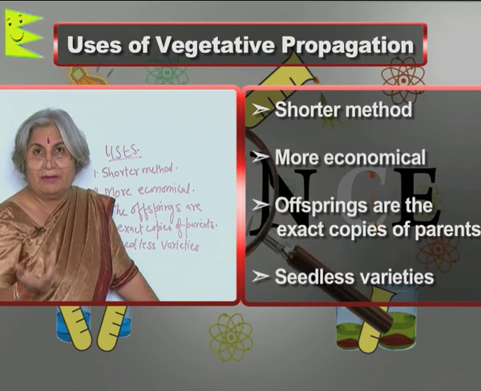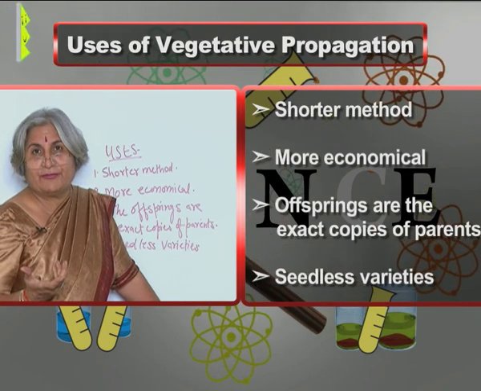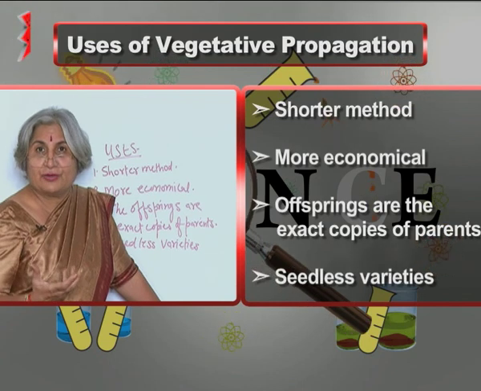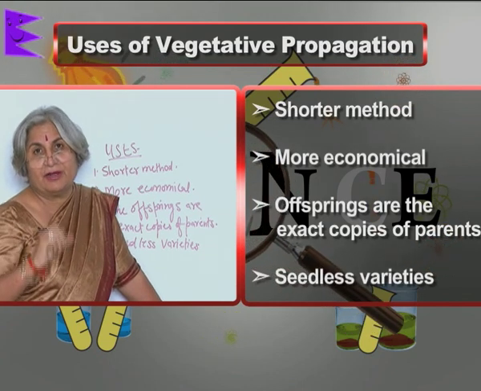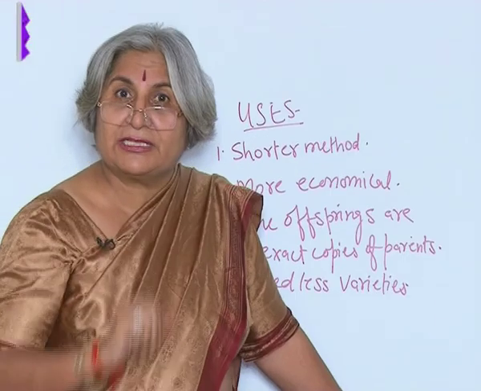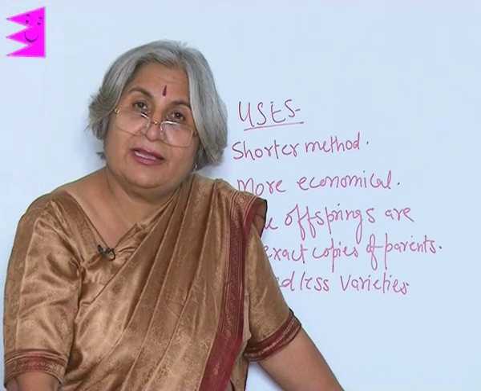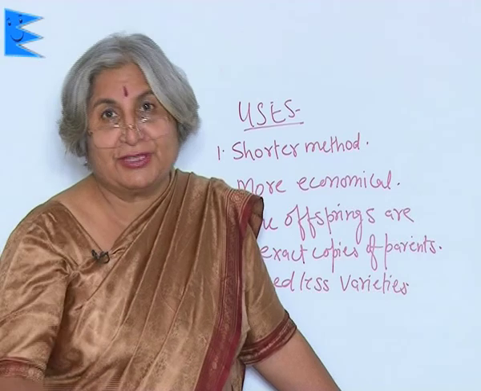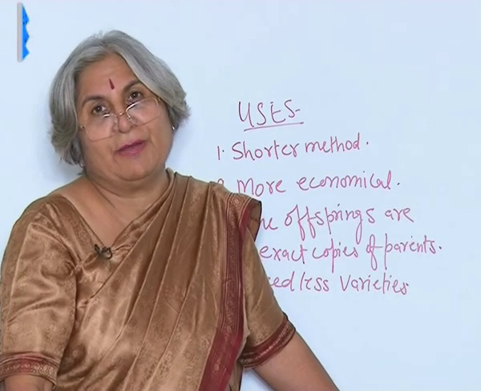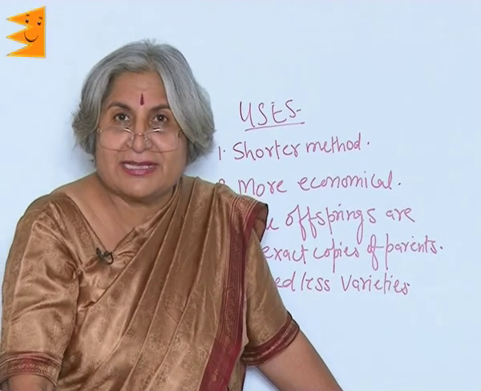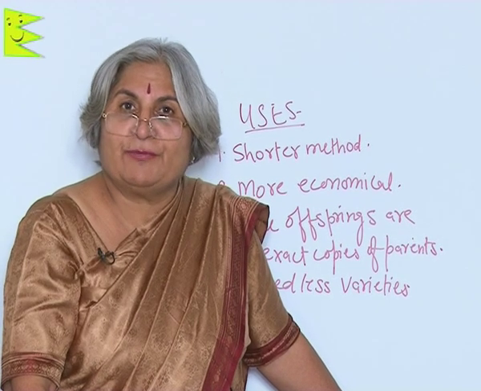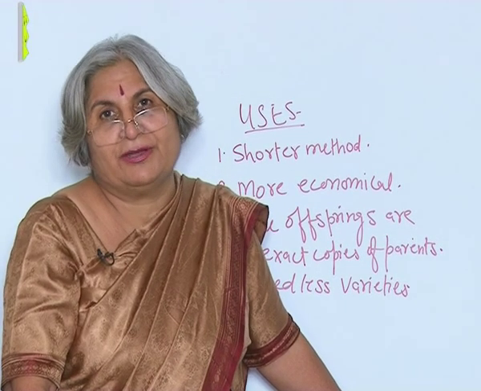Grapes, guava, these are some of the fruits which are more tasty and are more socially acceptable if they are without seeds. But if we grow a seedless variety, then how will they reproduce? By vegetative propagation. So, that is the role of vegetative propagation. So, now you understand why the farmers resort to vegetative propagation over the sexual reproduction method.